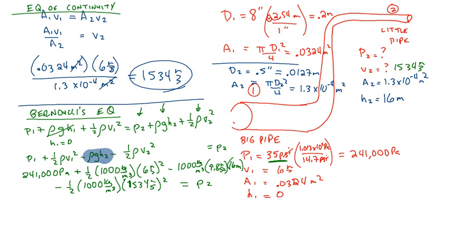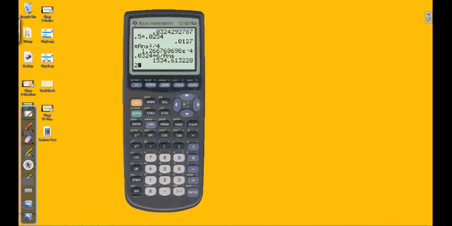Let's see what happens. If I take 241,000, then I need to subtract the kinetic energy term at the bottom. That was 0.5 times 1,000. No, actually I'm adding that one, I'm sorry. Times 6 squared.